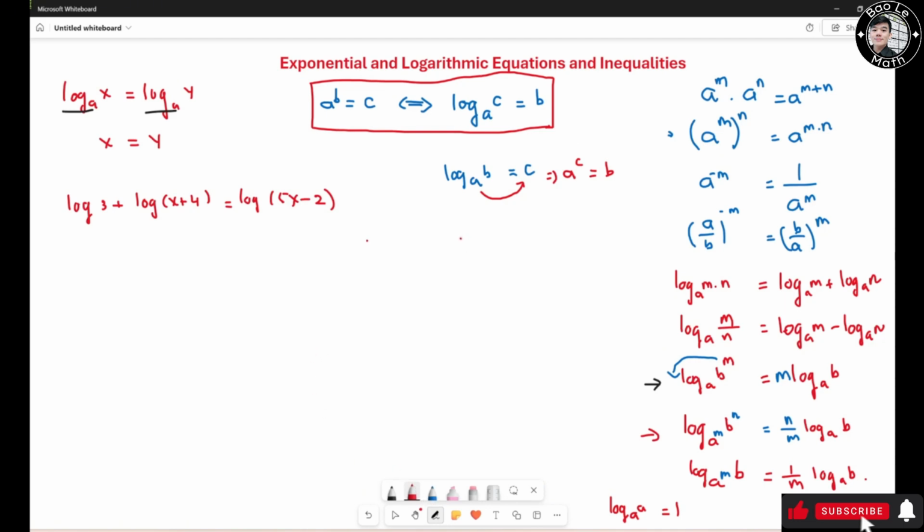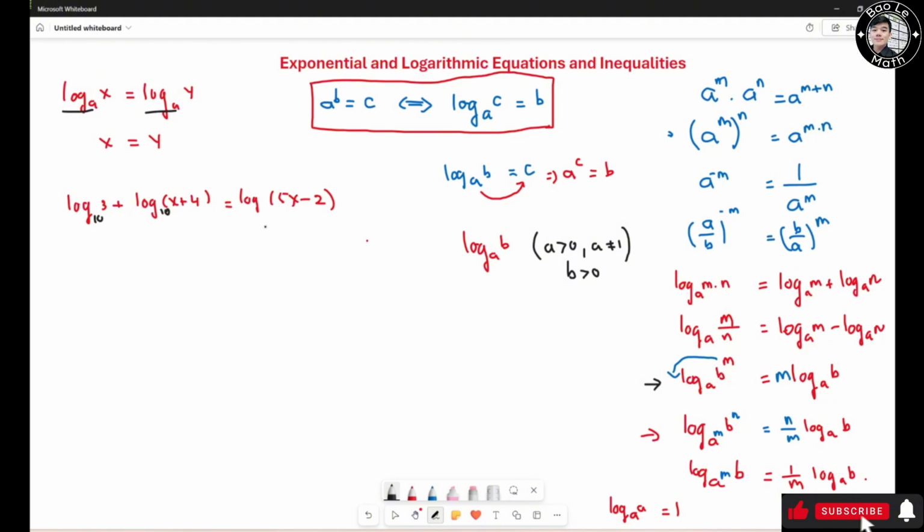Now the domain of the logarithm, log base a of b, is going to be a greater than 0, a different from 1, and b greater than 0. Alright, so keep this one in mind. Now, if you just write log only like this, which means log base 10, right?